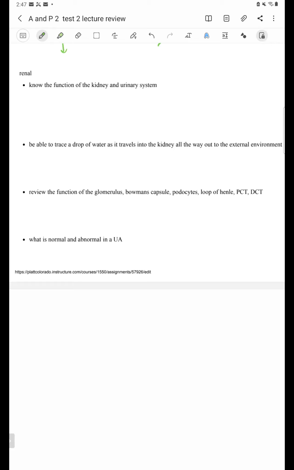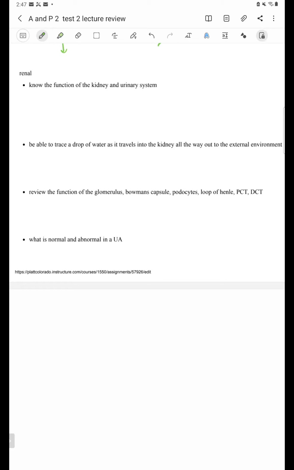If you are water, or blood for that matter, traveling through the kidney, what order of things are you traveling through as you enter the kidney? You enter through the renal artery and eventually go into the nephron, the Bowman's capsule, the renal corpuscle, and inside of that is the glomerulus.